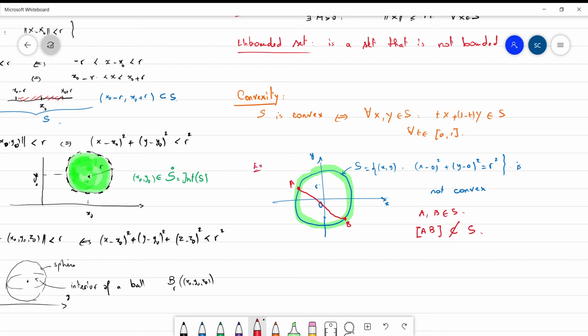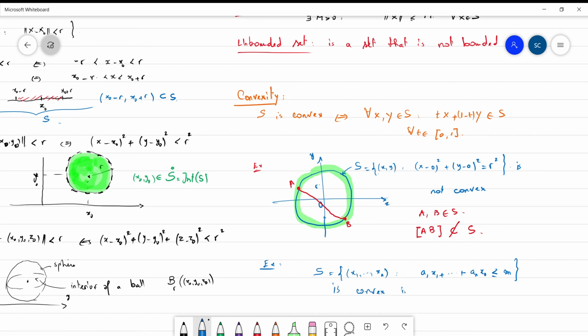There is another example where it works. When your set is described by relations such that a linear combination of the quantities x1 to xn is less than or equal to a number, then this is convex.